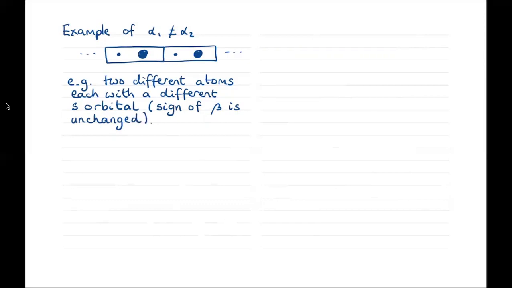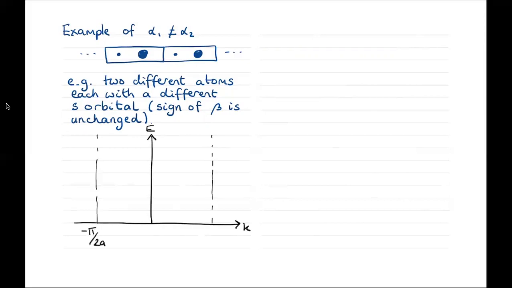And this time, if I plot the energy as a function of k, from k equal to minus pi over 2a through k equal to 0 to k equal to pi over 2a. And of course, this time, the unit cell length really is 2a.